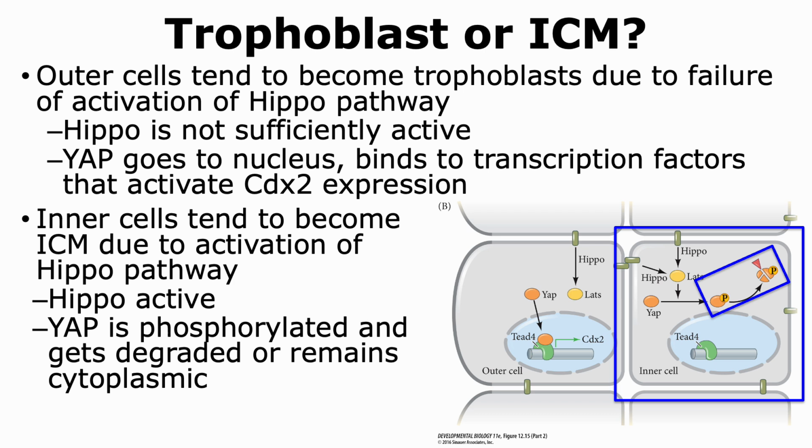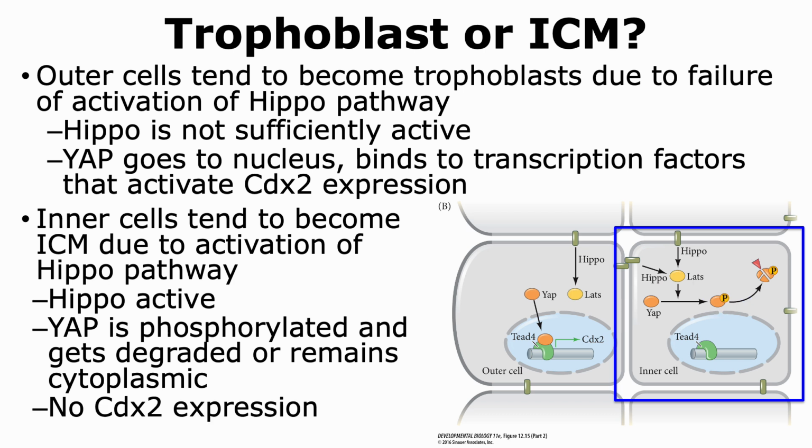And because of that, TEAD4 does not get YAP and does not interact with YAP, and hence there is no activation of CDX2. And hence, in the case of the inner cell, CDX2 is not expressed. The absence of CDX2 allows OCT4 to be expressed really well, and thus the inner cell mass is able to express OCT4.